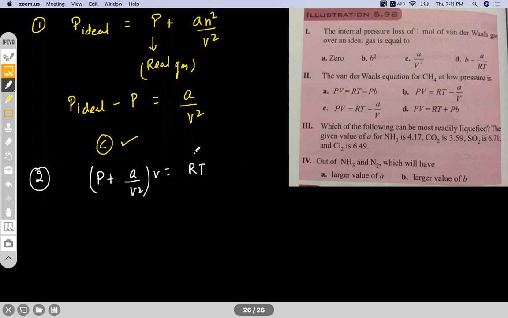Now if you solve, PV by RT is Z, so Z is equal to 1 minus A by V RT. This is the expression we did just now. So PV plus A by V is equal to RT. Option B is correct.